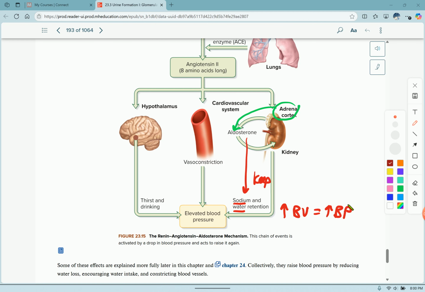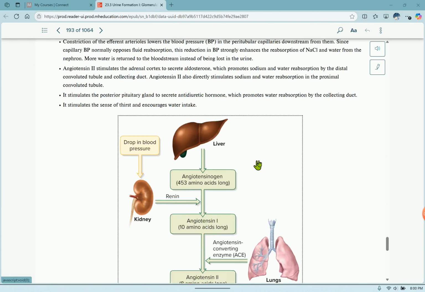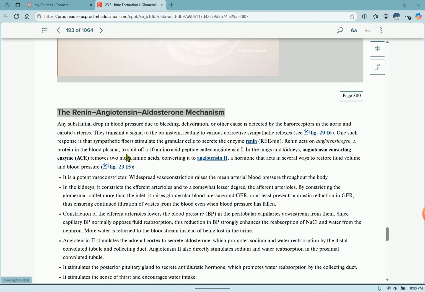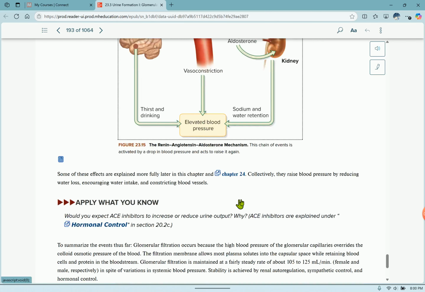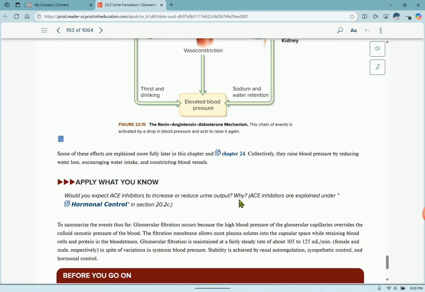Now remember, water is heavy, so the more fluid that you push into your blood vessels, the harder the pump has to work. So going back to our starting point, which is a drop in blood pressure, what's the goal? Increase blood pressure. So the renin, angiotensin, aldosterone mechanism is therefore active.